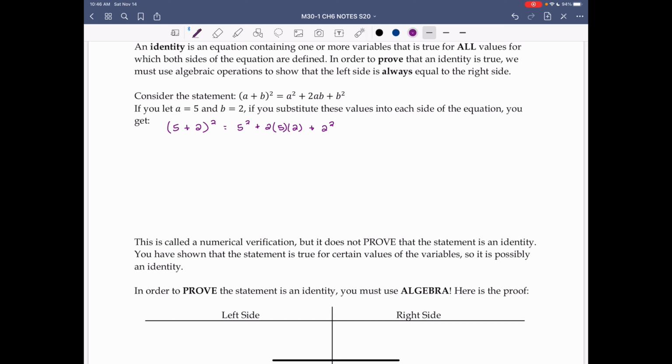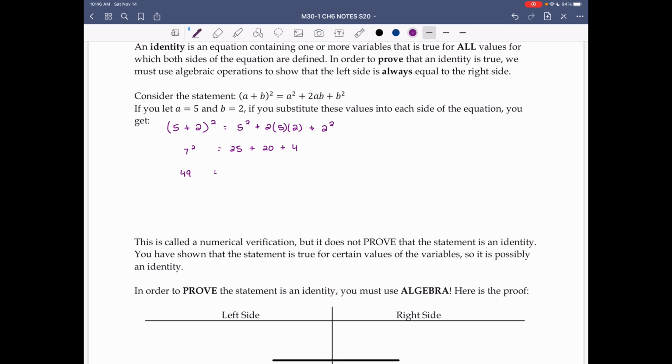On the left side, 5 plus 2 is 7 squared. On the right side, we have 25 plus 5 times 2 is 10, times 2 again is 20, and then 2 squared is 4. On the left side, 7 squared is 49.